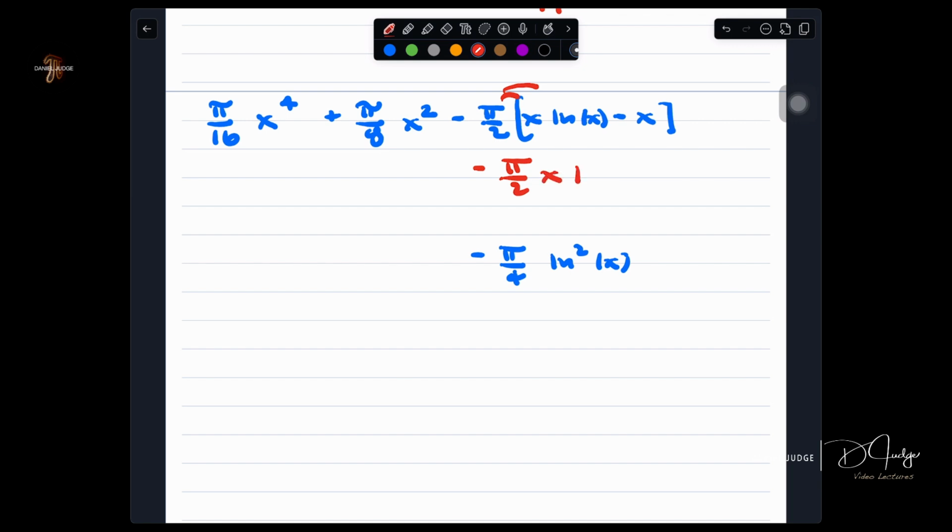Minus pi over 2 x natural log x, plus pi over 2 x. Alrighty. I'm going to write that down here.